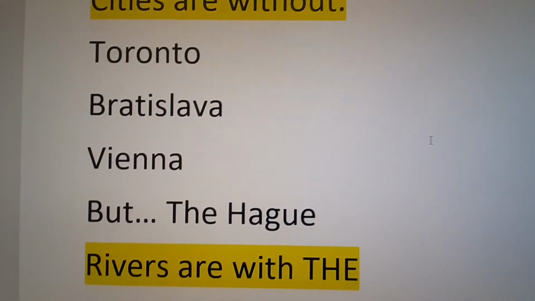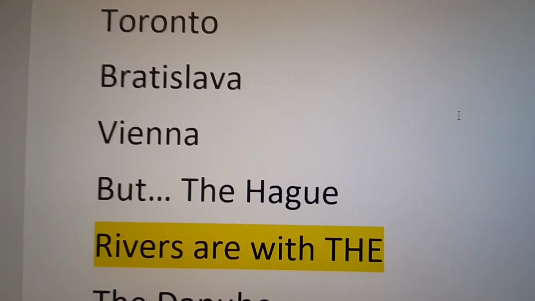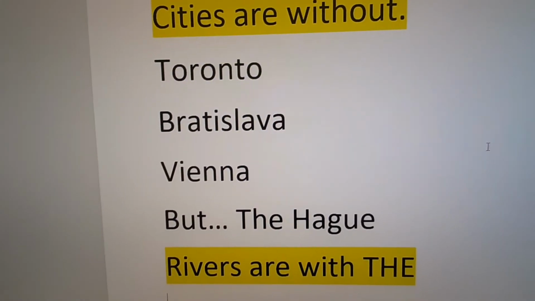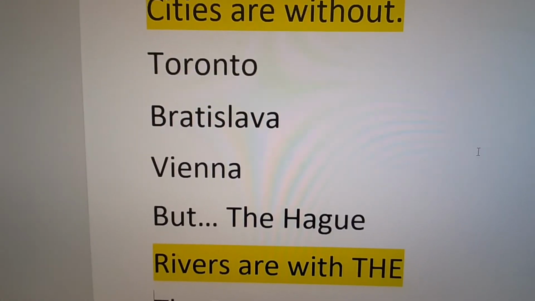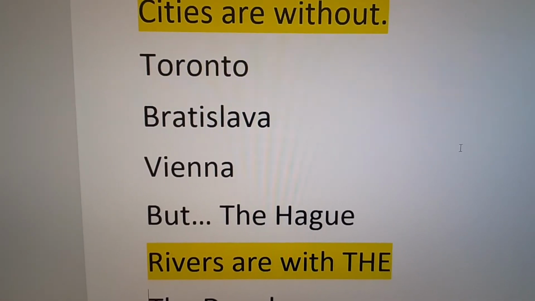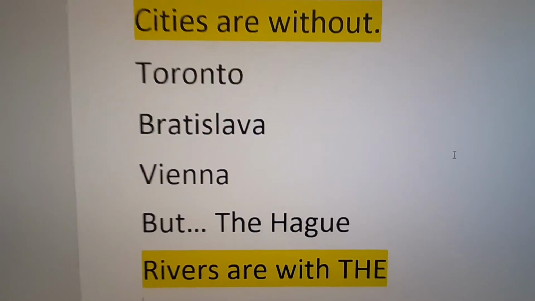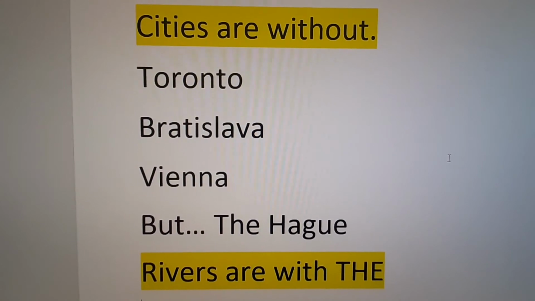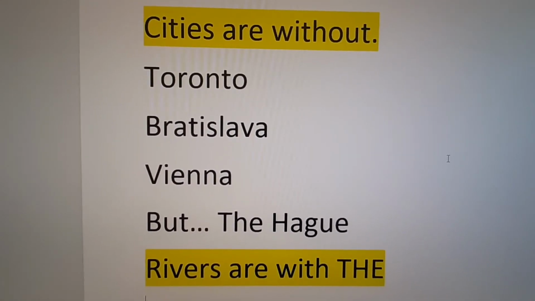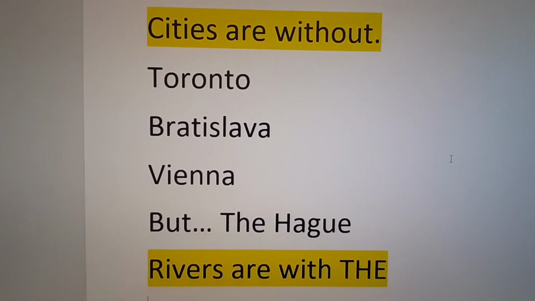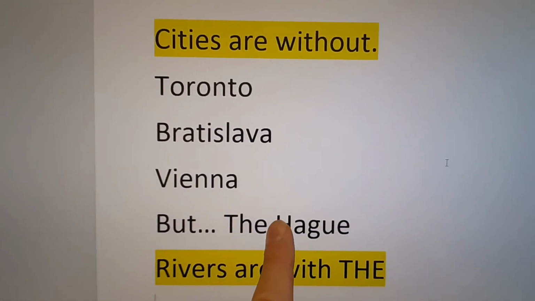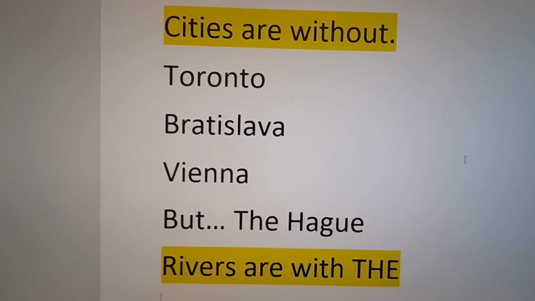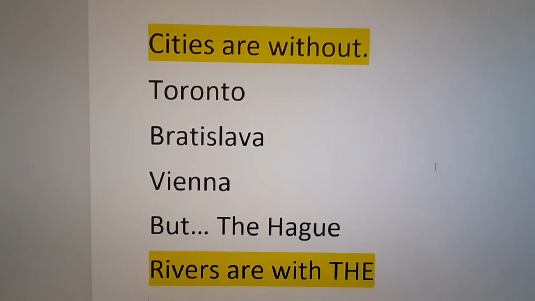I know it's Das Haag, or Der Haag, I'm not sure, but we don't say Haag in English. A hag is generally a woman who is very old and not very pleasant. But when we hear the Hague, then we know we are talking about the city in Holland or the Netherlands.